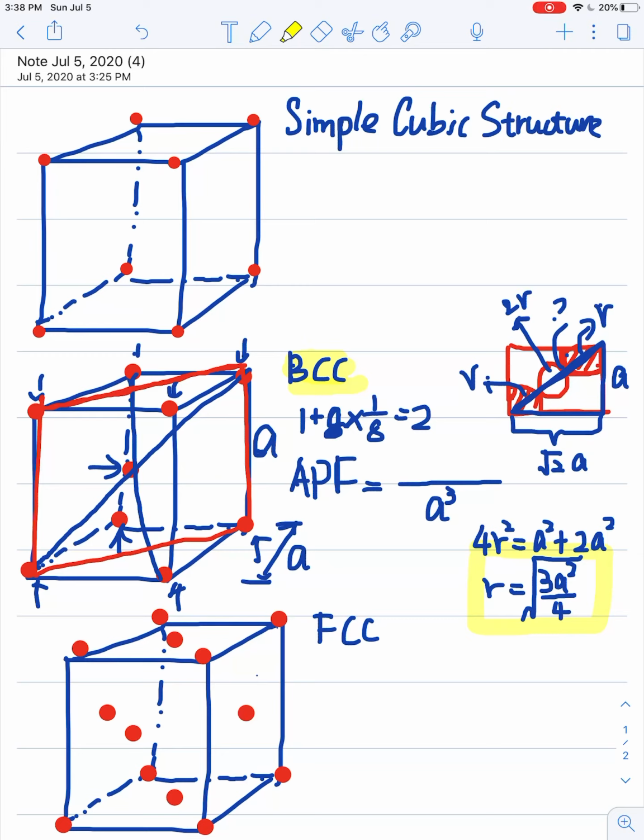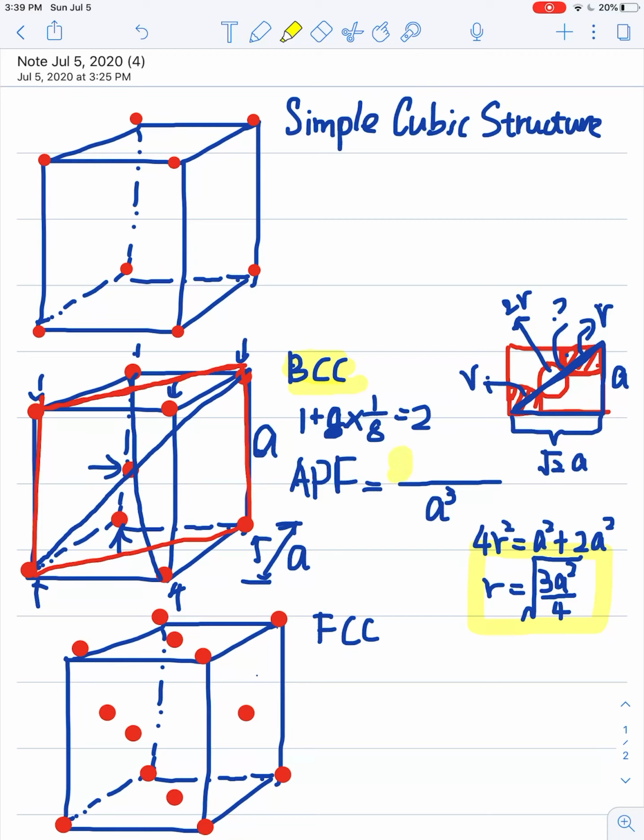And the equation to calculate the volume of a sphere is 4 over 3 times pi times r cubed.